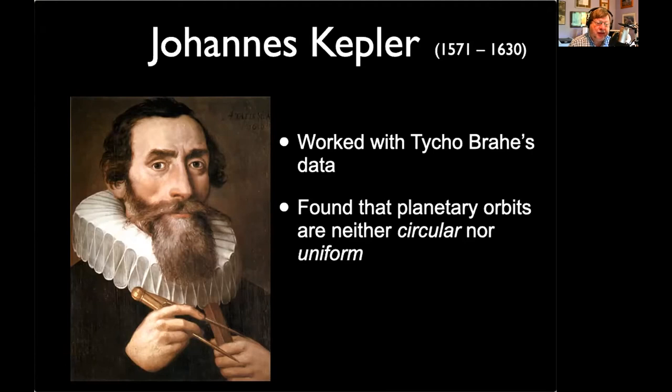And he found that planetary orbits were neither circular nor uniform. Why is this important? Up until this time, everybody assumed, even Copernicus assumed, that there was some perfection to the universe, that even if the universe was sun-centered, at least things moved in perfect circular orbits around the sun.